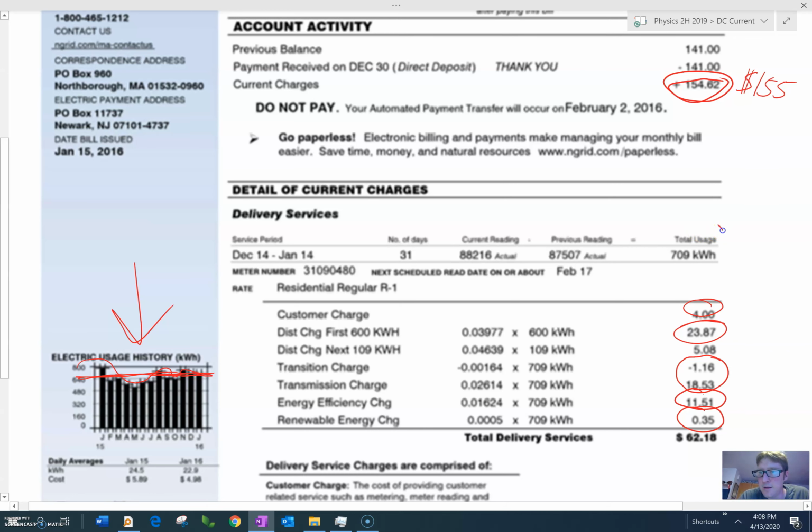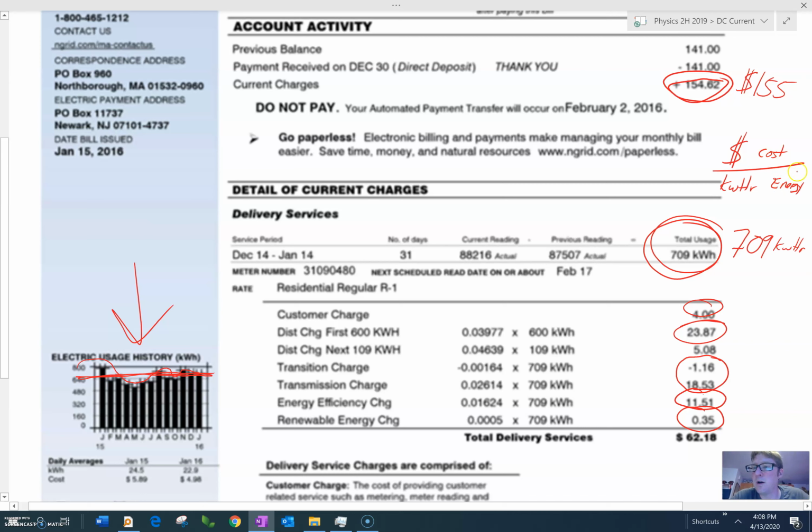Again, that bought me this number of kilowatt hours, 709 kilowatt hours. What we're going to be able to do with this is to figure out how much it costs for each kilowatt hour that we use. And what we need for that is cost in dollars per kilowatt hours of energy.